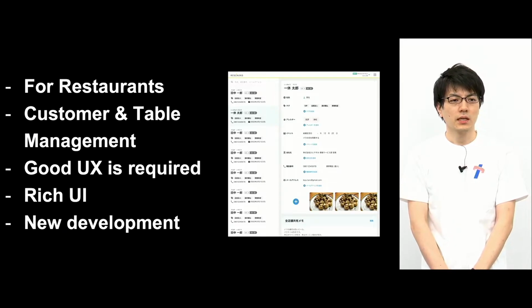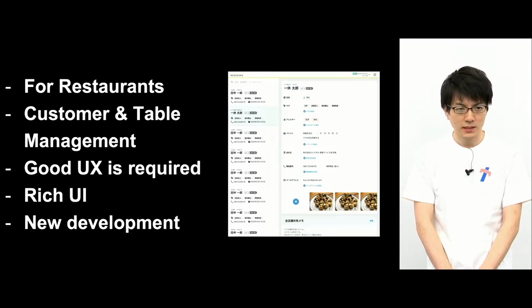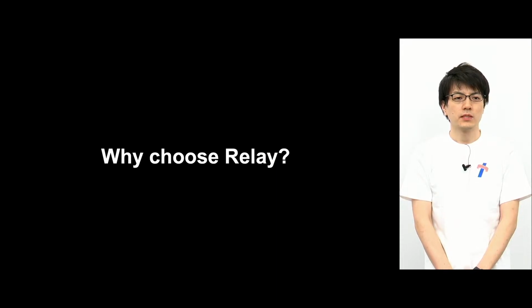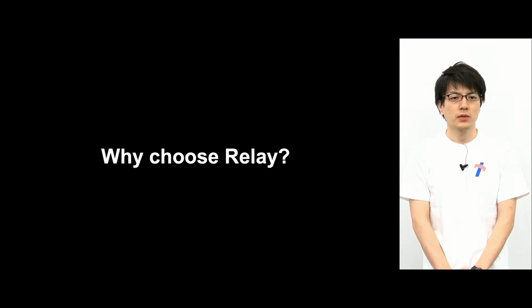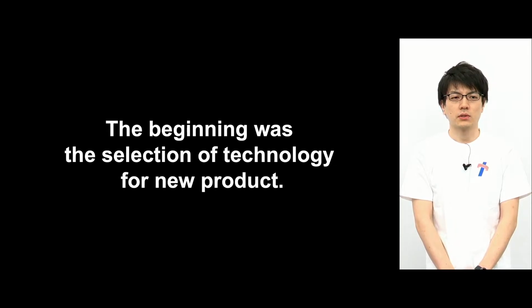This product is newly developed and is still under development and not yet released. So we adopted Relay for this product, which is under development. So why did we choose Relay?